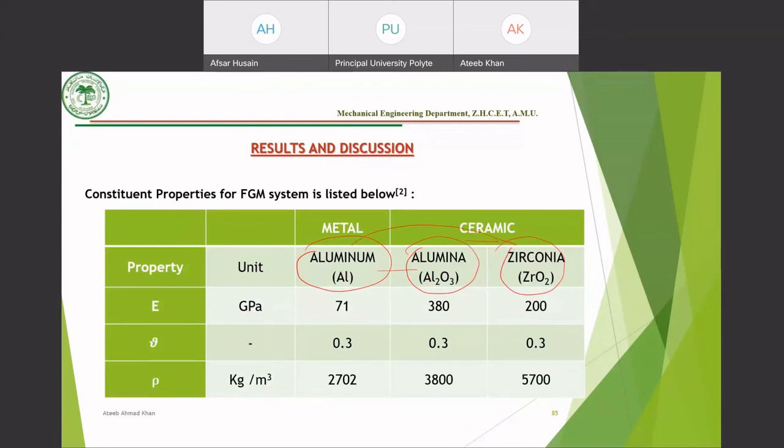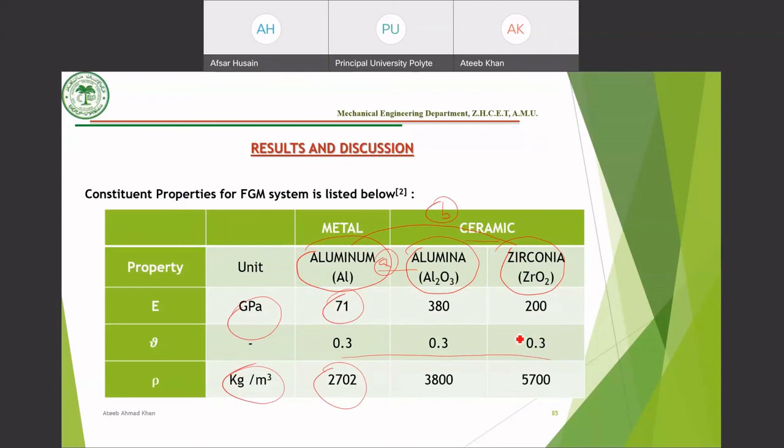The performance of these two systems you will see in the coming slides. In this particular slide, I have system A and system B, and you can see the material properties of these systems. These are the densities given in kg per meter cube, and Young's modulus is given in GPa. And as I've already told you, the Poisson's ratio happens to be constant in all the three materials.